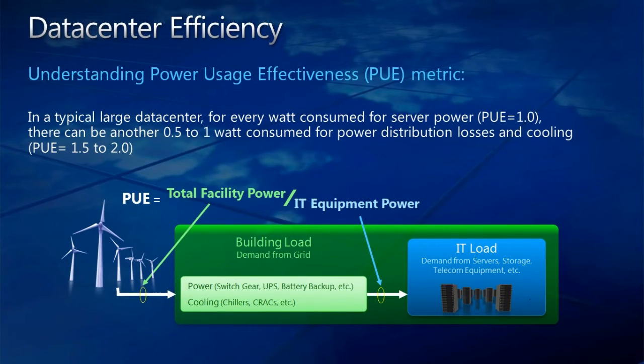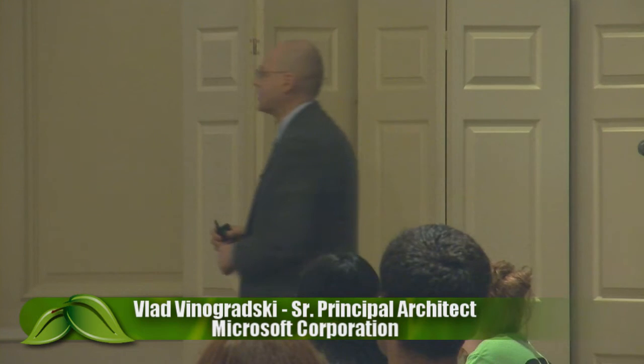And in the industry right now, I think 2 is about where things are, which means that for every 1 watt that you supply to your servers, there's an additional watt consumed by the facility, the mechanical and electrical equipment and the cooling equipment in your facility, right?